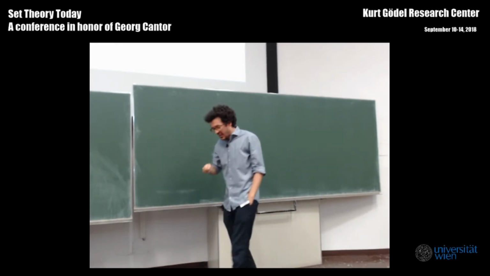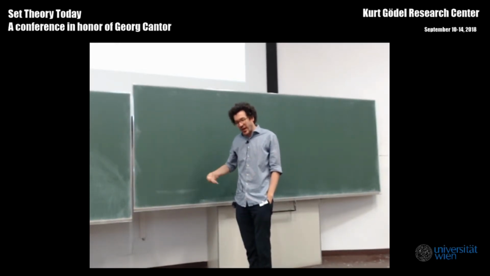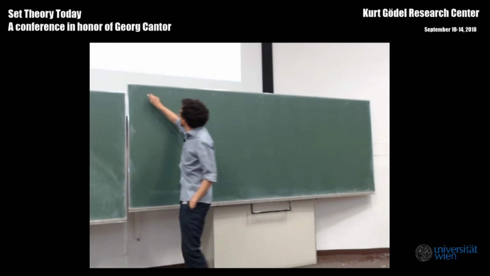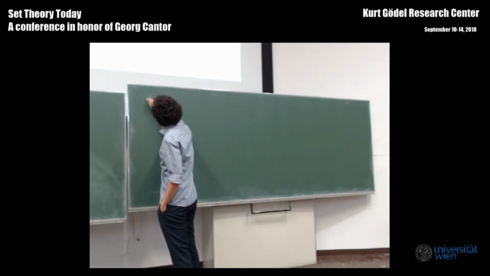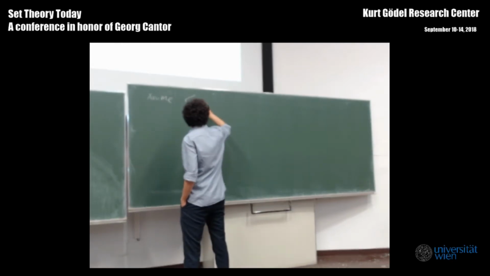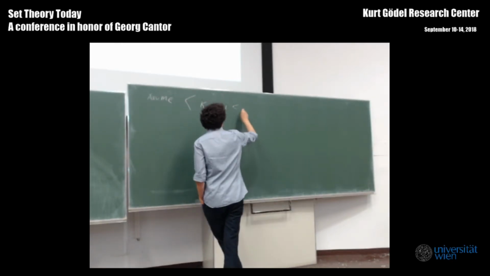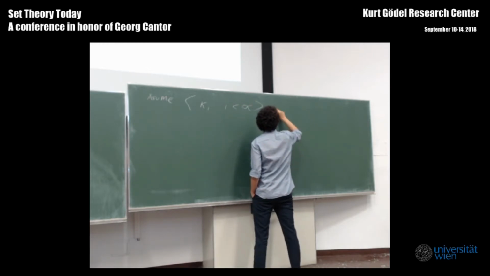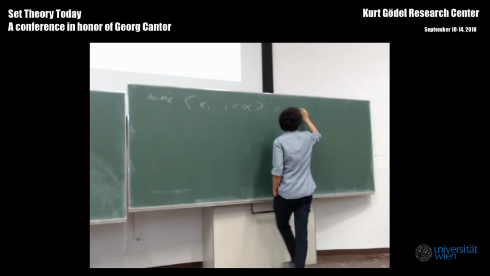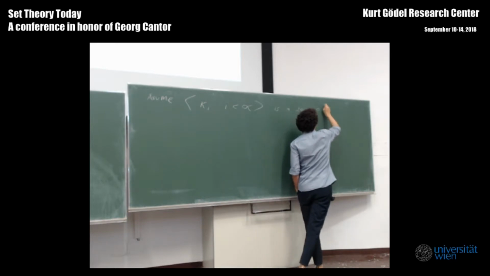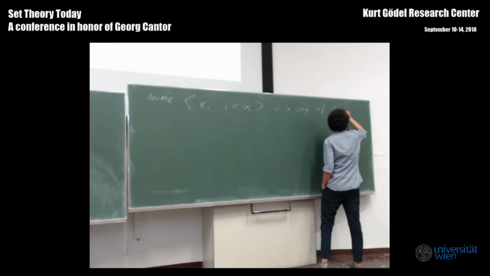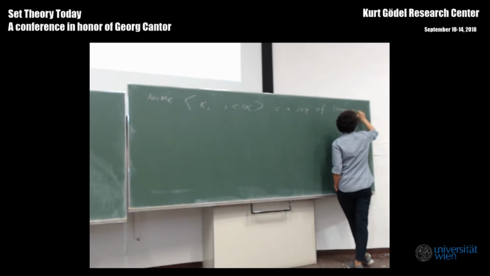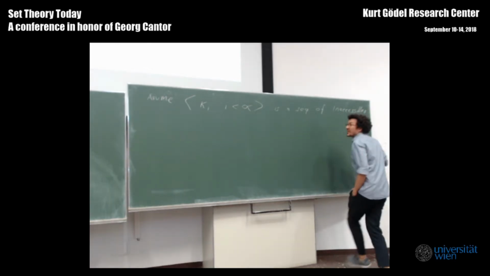Good, so okay, it's already said. The T models give rise to the following picture. So assume that we have many inaccessible cardinals. Say, I less than alpha, and this is a sequence of inaccessibles.